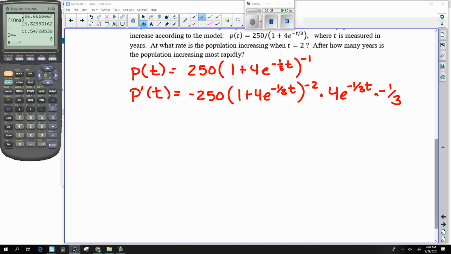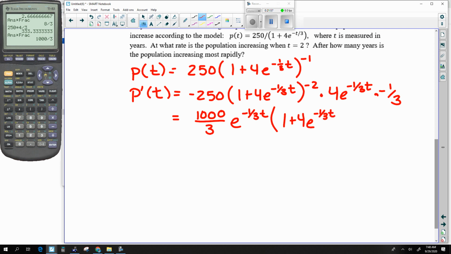So that is the rate. Okay, and so they're not asking us to maximize or minimize, well, not yet.